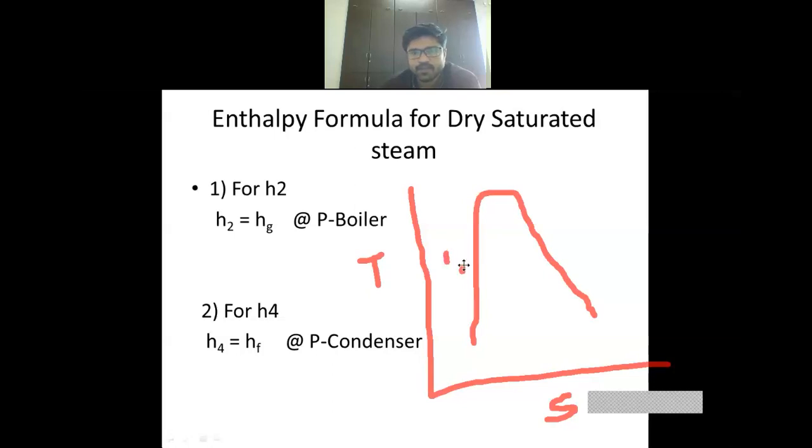Water gets heated and starts converting into steam. At point number two, it has totally converted into steam, and then we are passing that steam to the turbine. From two to three, that steam gets expanded.